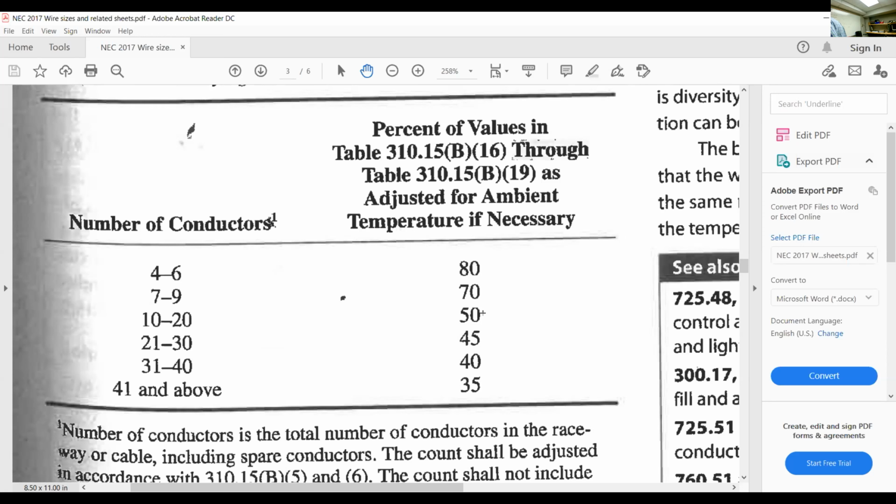So let's just show you what happens to a piece of wire when you have a hot environment and then you have several wires in there. We started out with 55 amp capacity, right? Now you have to multiply it by 0.91, and it gives you what? You said 50 amps.